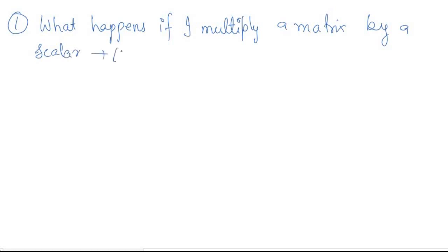Let's say that the scalar is k. Suppose that matrix is Hermitian. If you multiply a scalar k by a Hermitian matrix, then what will happen?